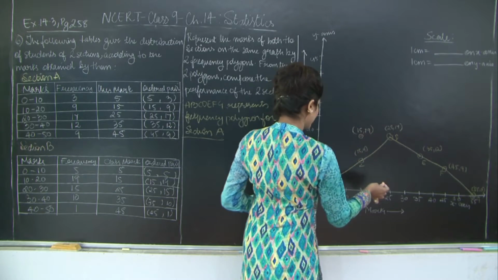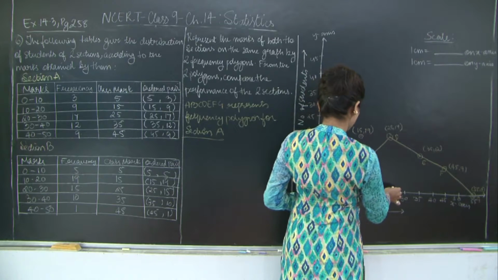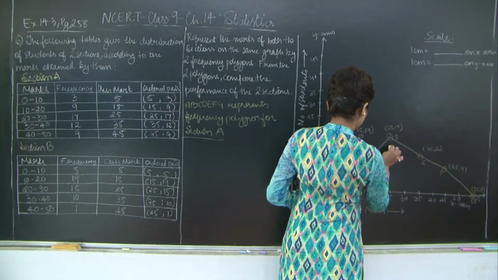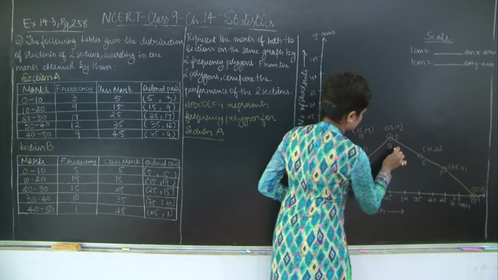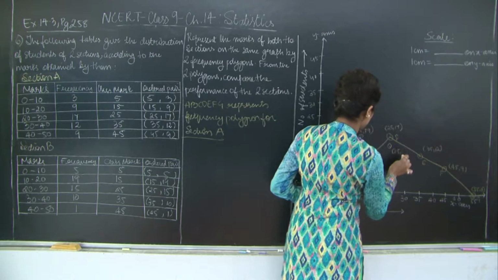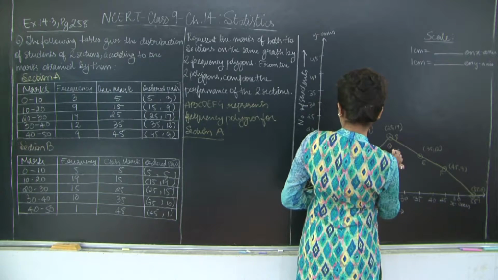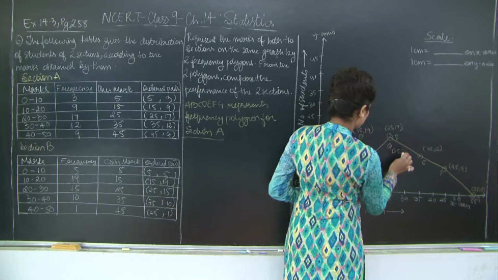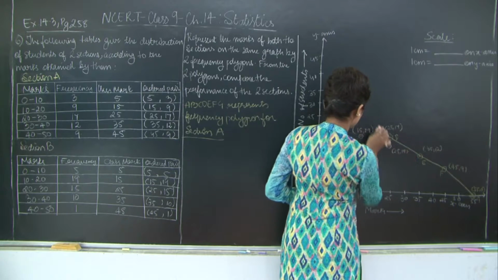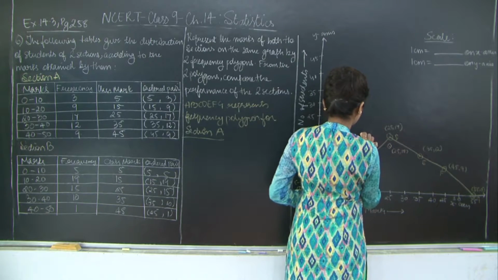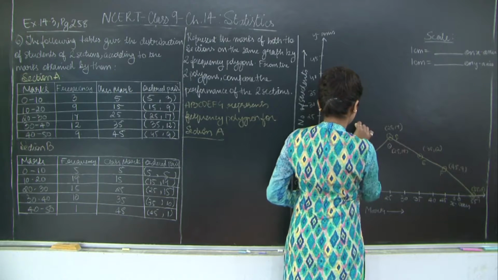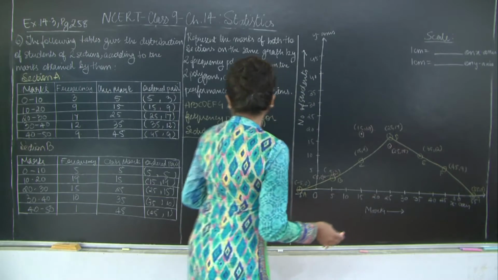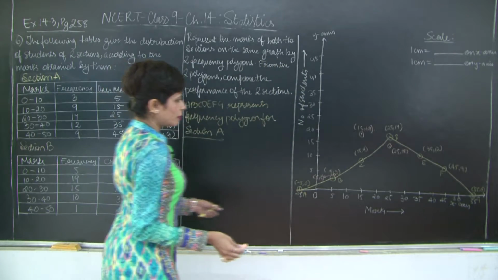Then I have 25, 15. So 25 and 15. Alright, then I have 35, 10.